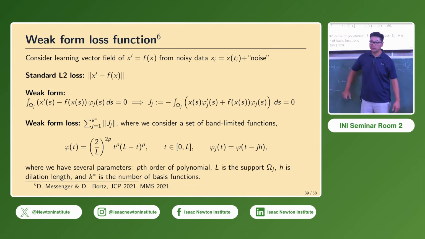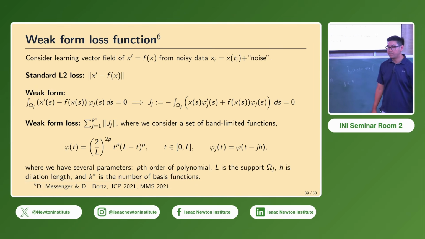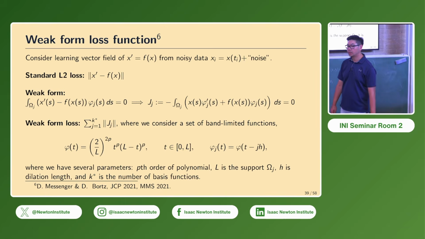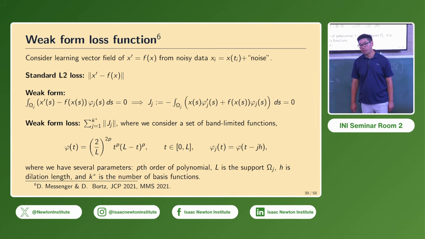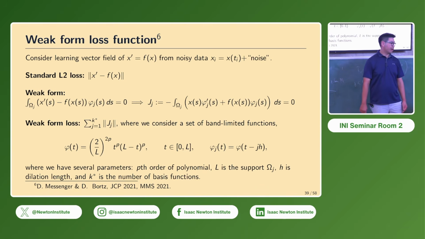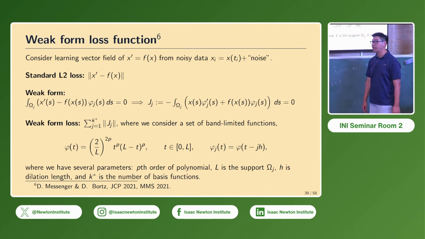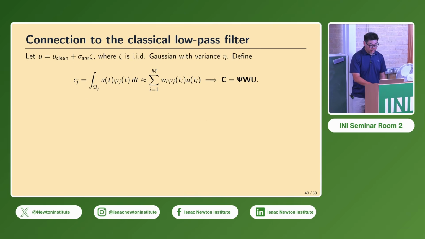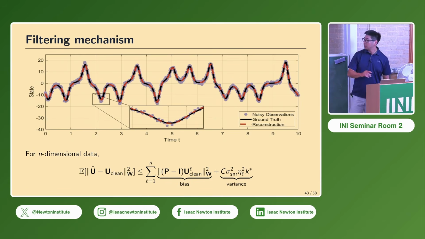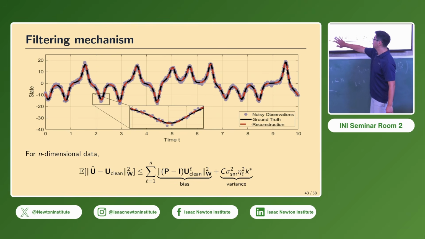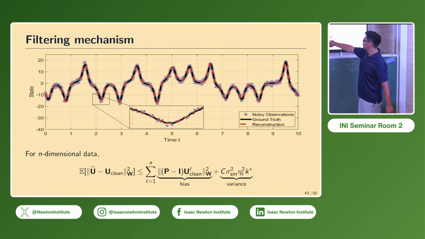When you choose K star, are you making an assumption that the underlying data is band limited as well? No, I don't have any assumption like that. It's just that the size of K star will tell you the error. If you don't have a bias, then the error will be increasing as a function of K star.